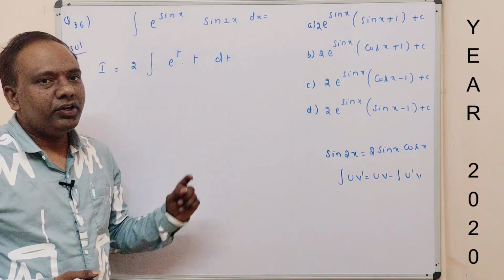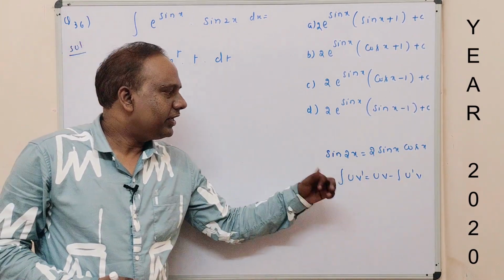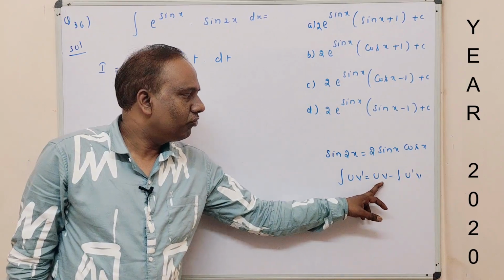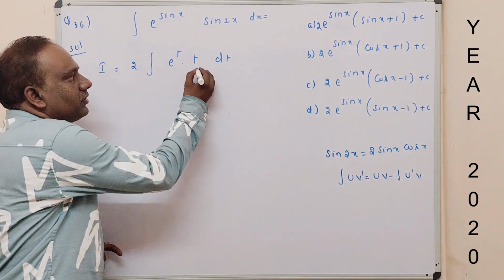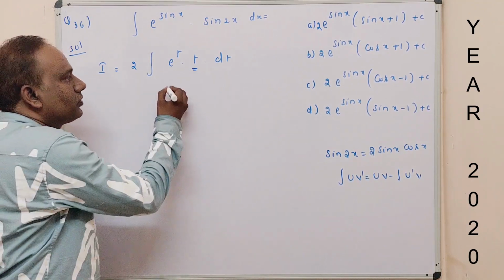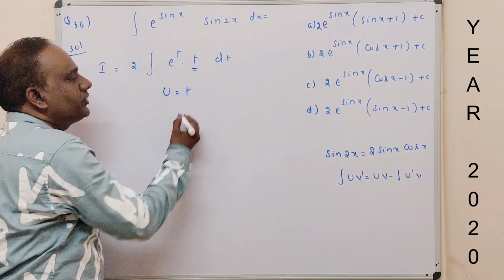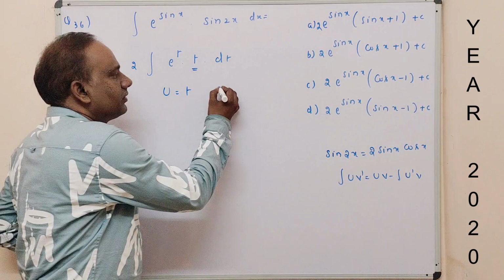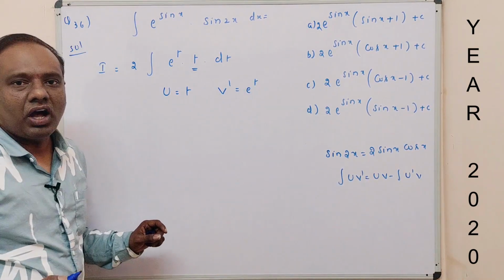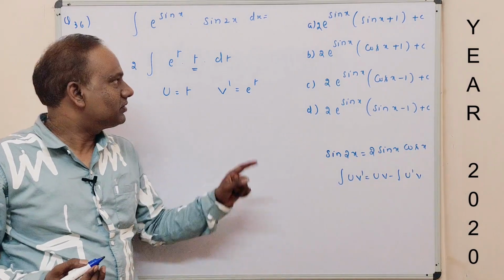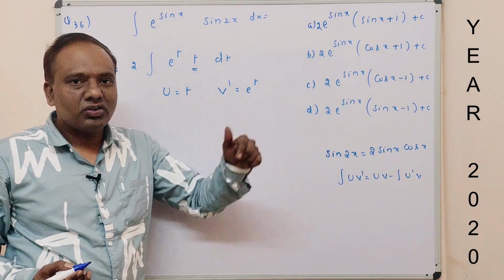It is actually the u v dash method. So the integration of u v dash is equal to uv minus the integration of u dash v. Here you take u is equal to t, and v dash is equal to e power t. Exponential is the last preference in ILATE.